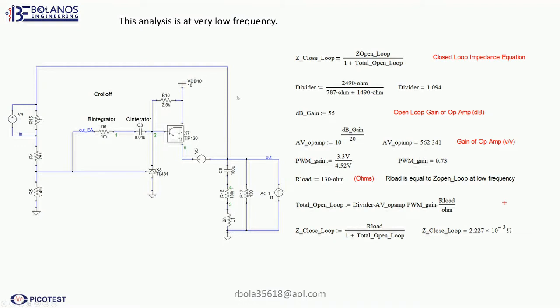So with no feedback, the open loop impedance is really your load resistance. Here I make this statement: our load is equal to Z open loop at low frequency. Once I have everything defined, here's my total loop, divider, gain of the op amp, PWM, and the load, and that goes here. And here is the final equation with the numbers. So this calculates that I should read approximately 2.2 milliohms.